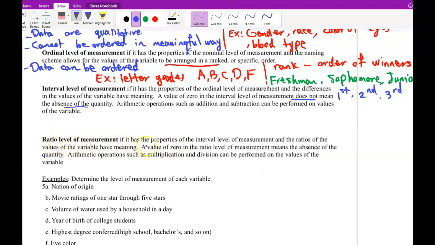But for ratio level of measurement, the value of 0 means the absence. So we shouldn't have 0 in there.